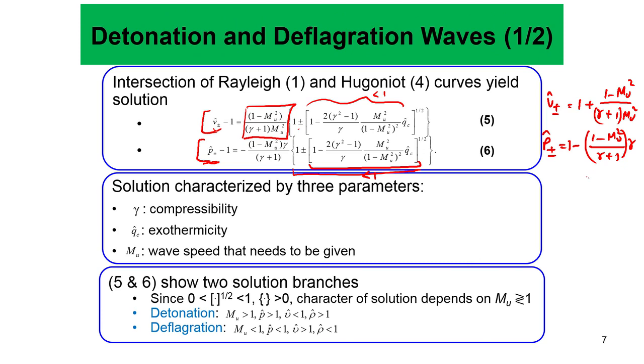Now let us consider the situation when mu is greater than 1. When mu is greater than 1, in 1 minus mu square this thing is inherently negative.